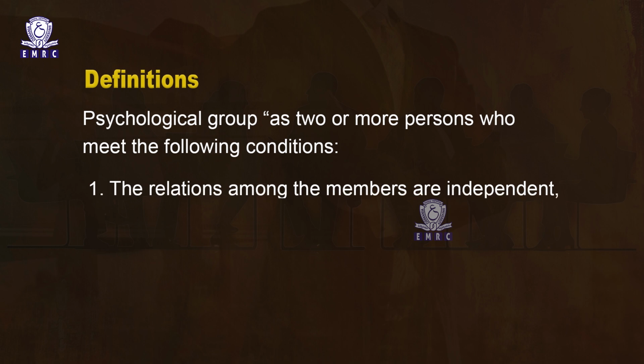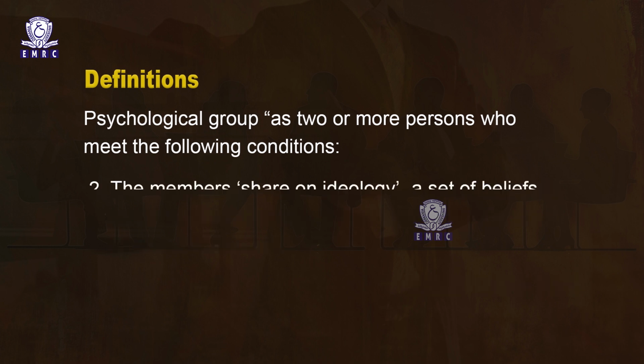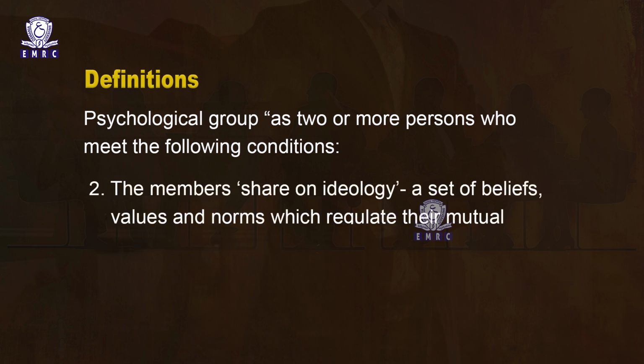The first condition is that the relations among the members are interdependent and each member's behavior influences the behavior of each of the others. Whereas the second condition is that the members share an ideology. Now, the ideology is a set of beliefs, values and norms which regulate their mutual contact.